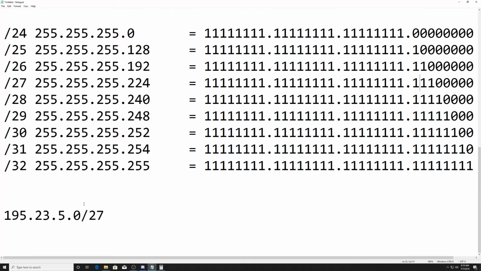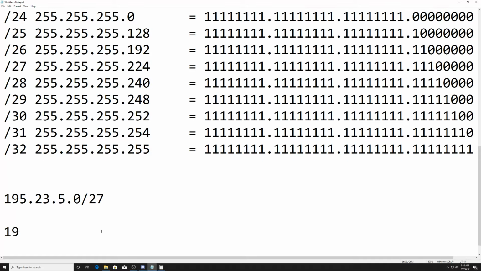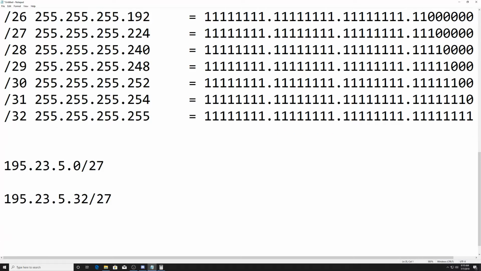What I mean by each network, you see how I have 195.23.5.0? Well, guess what? The next network will be 195.23.5.32/27. Guess what the next network is going to be? 195.23.5.64/27.